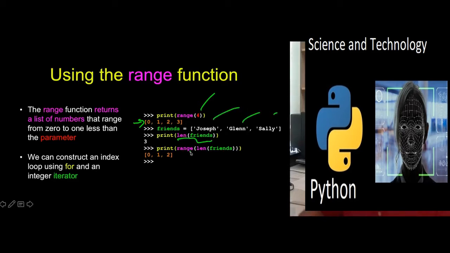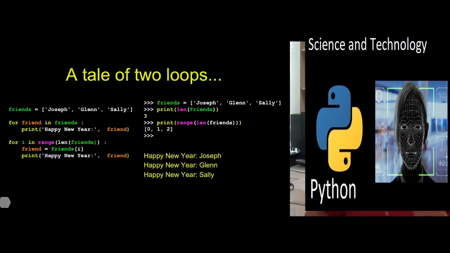If I combine range and len, so I take len of friends, which is 3, and then range of 3, I get 0, 1, and 2. The interesting thing is that 0 corresponds to the first one, 1 to the second one, and 2 to the third one. We'll use this to construct loops, especially when we need to go through an array and remember what position we're at.